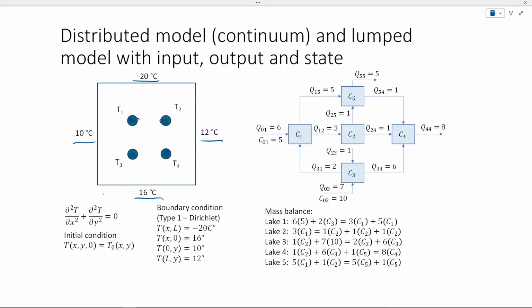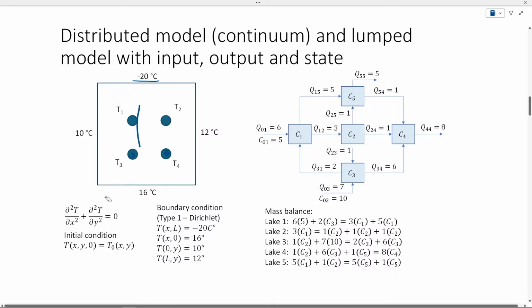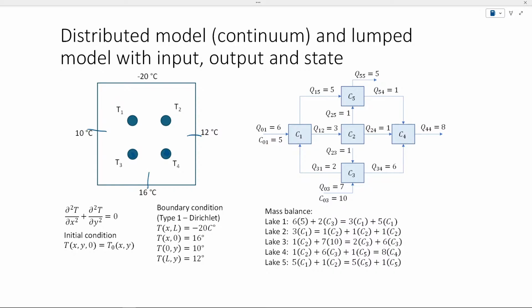The answer is yes, because we can solve this. Remember, I showed you previously how to use the Jacobi method to solve this type of system. Now I will show you how to use matrices to solve it. Similarly, this is a distributed system because it's changing in space.